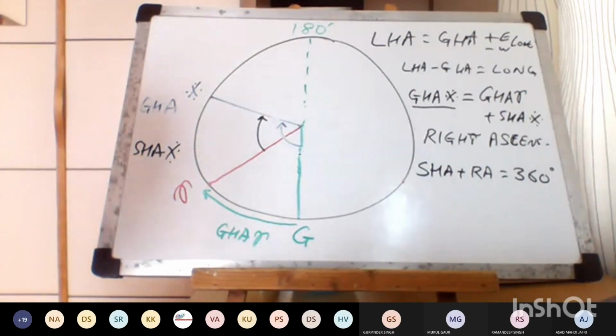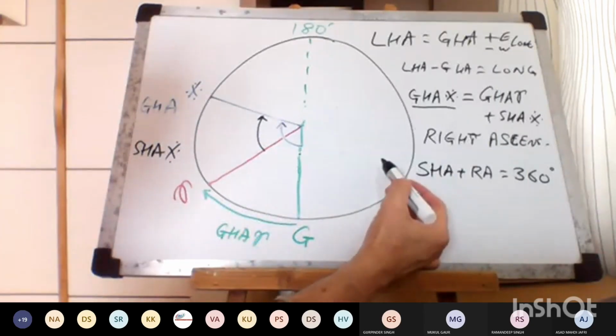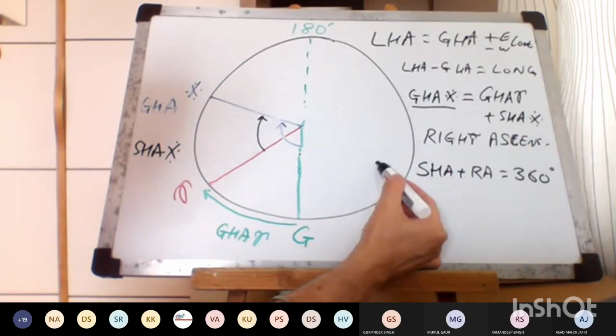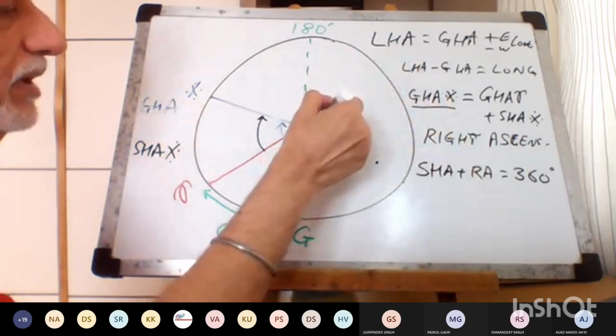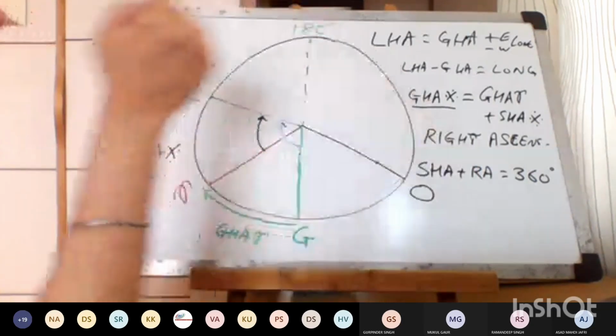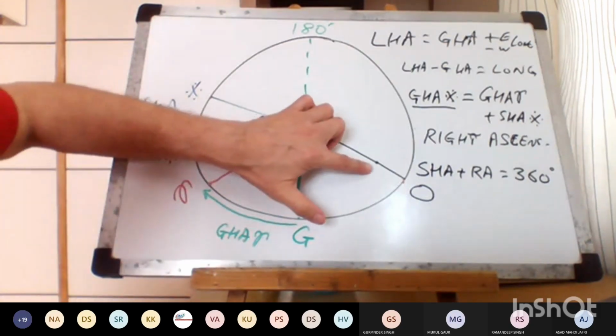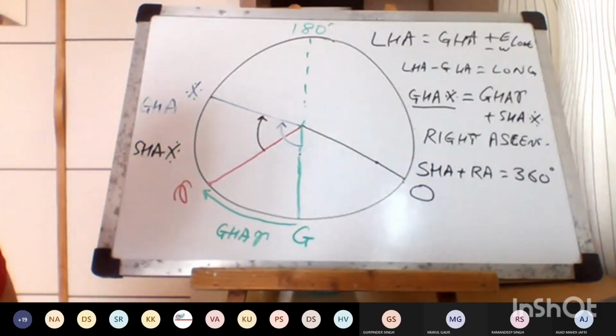Which is the third reference point for which we are most interested? Let's say there is an observer, and the meridian passing through the observer. Because I am the observer, I am standing at some latitude over here, maybe 15 degrees.